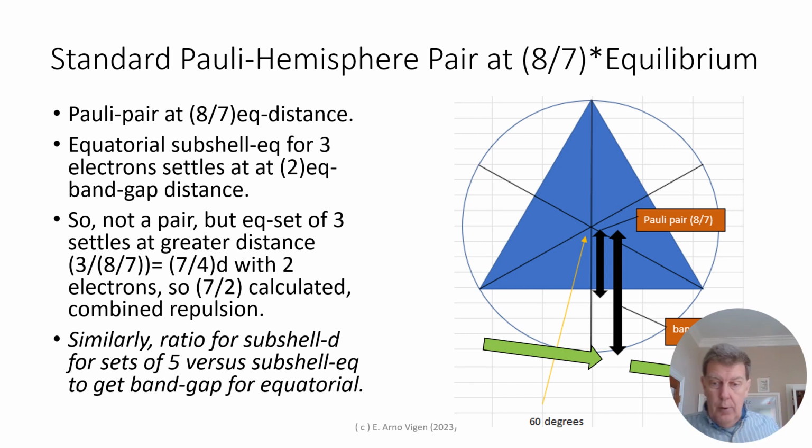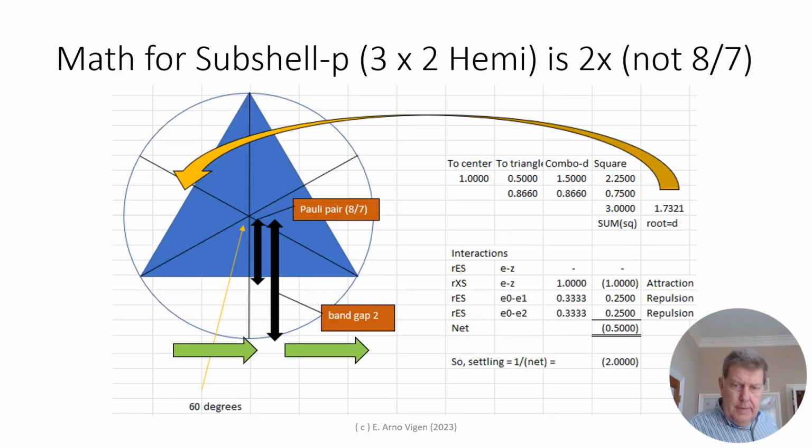As a result, now you're going to get the calculation. That Pauli pair would want to sit here at 8/7, as I just showed, but this one is going to be at 1, twice as far away, which means it has that easy ingress and egress. So the band gap is 2 versus 8/7. Now, let's see that calculation.